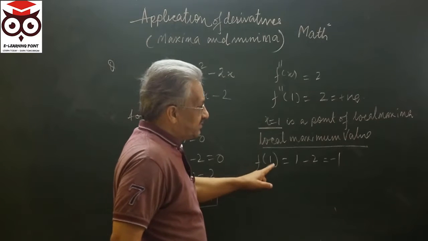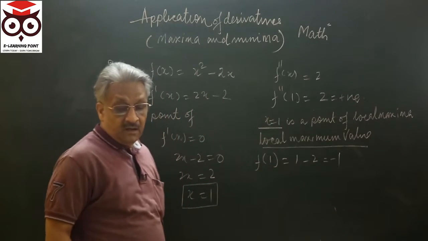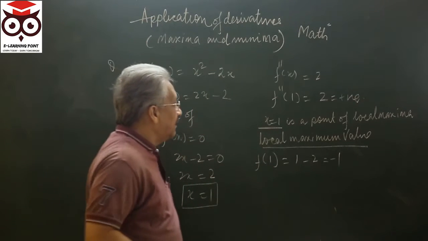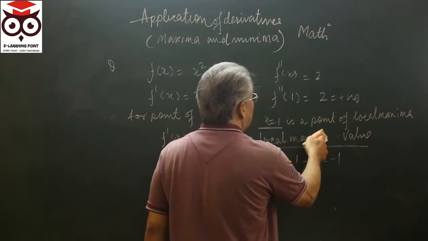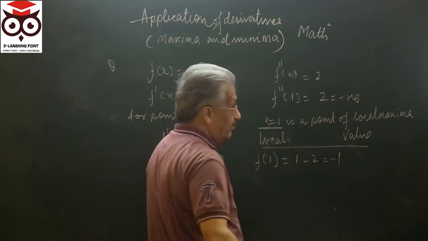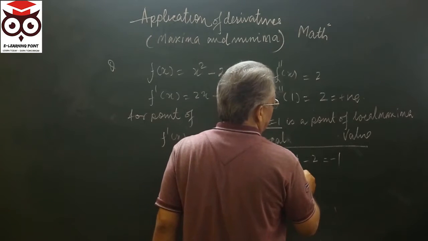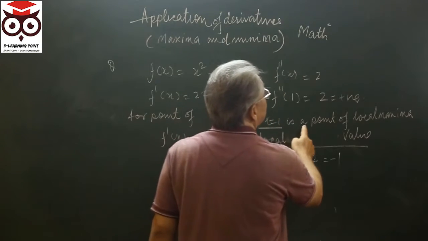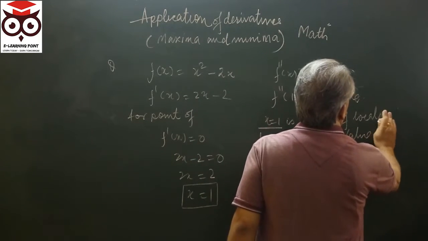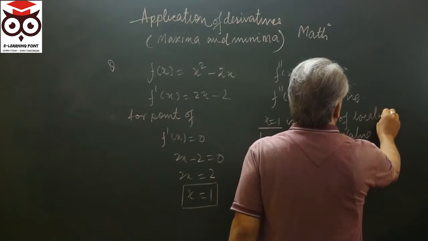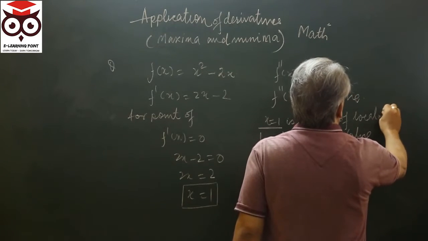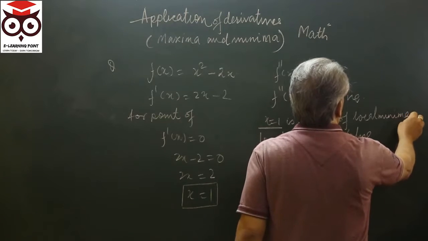So this value is called the local minimum value. x is a point of local minima. Local minima, because it is positive.